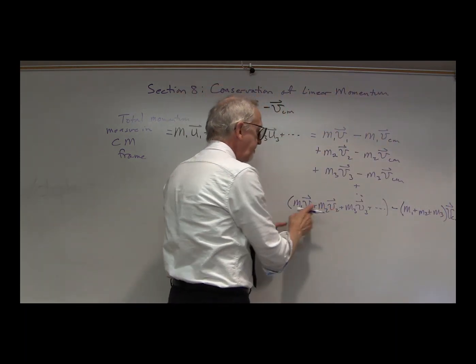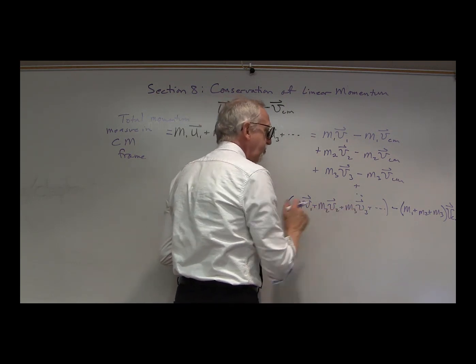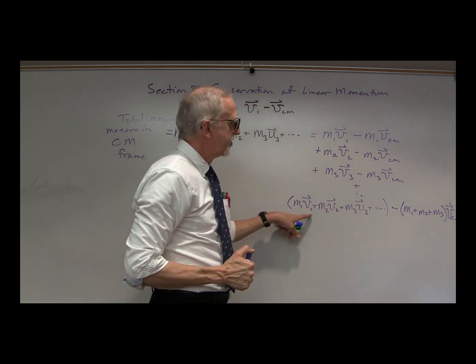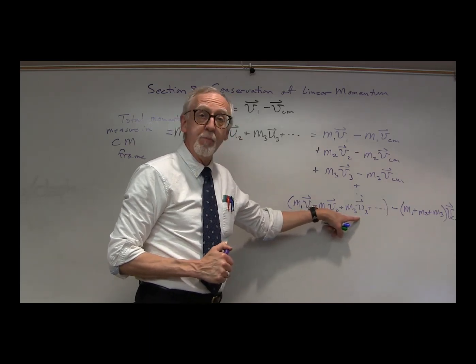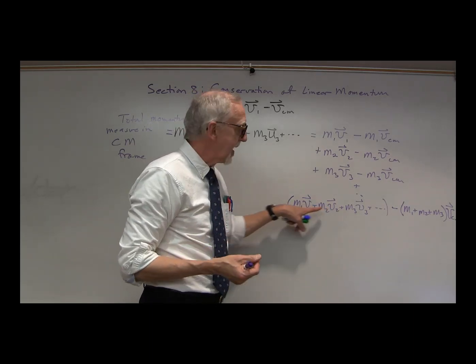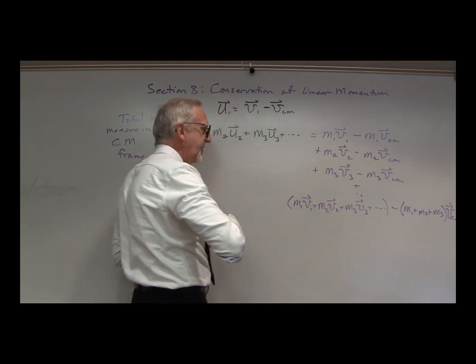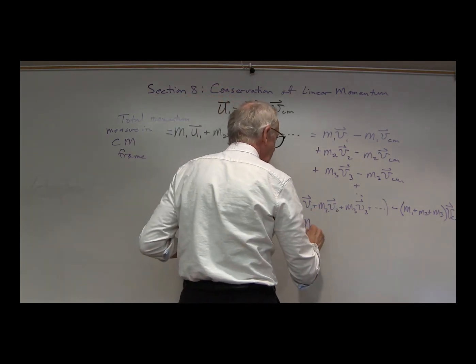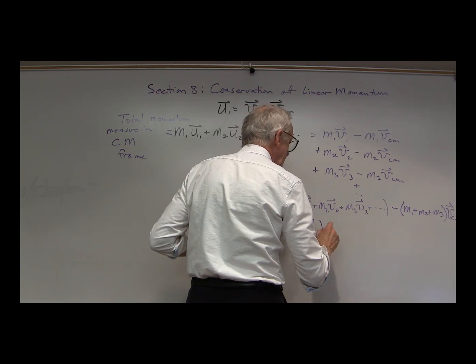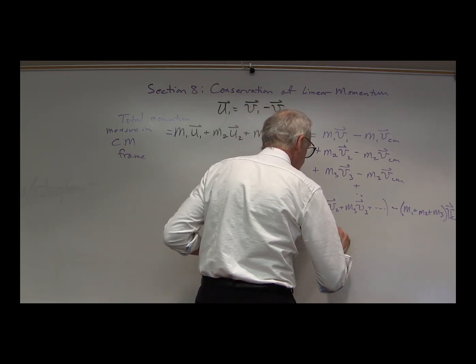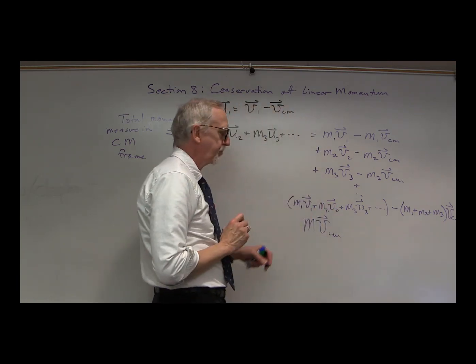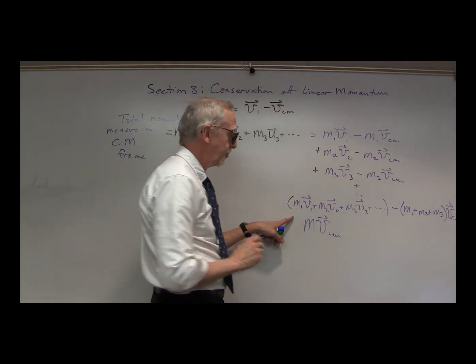But what is M1V1 plus M2V2 plus M3V3? That is the sum of each individual momentum for each particle added all together, but we already saw that that was equal to the total mass times the velocity of the center of mass. We already calculated that.